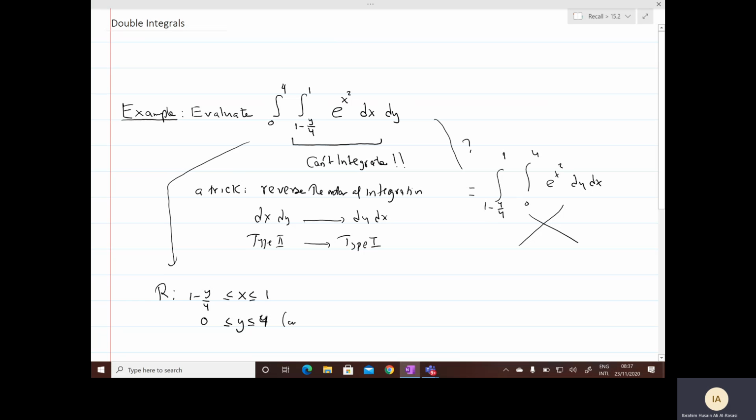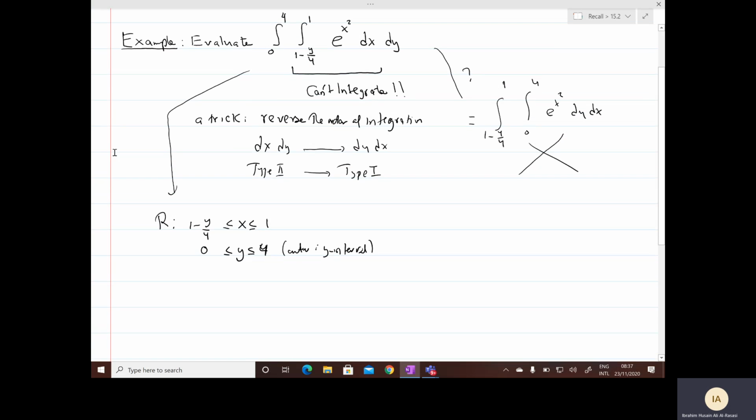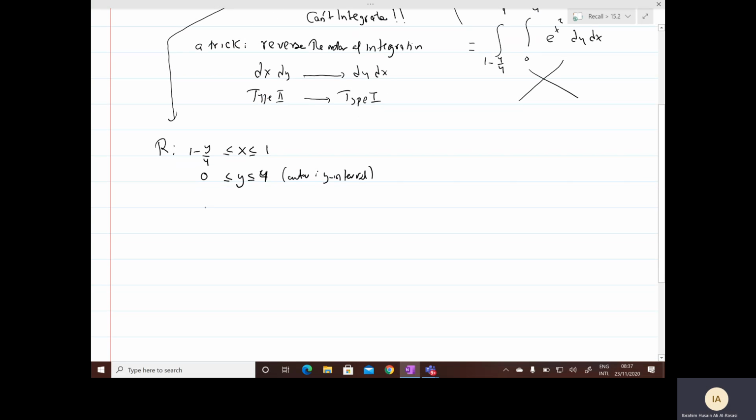This is the outer y interval. Now sketch the region, and this is what you have here, R. So this is x and this is y. The y interval is from 0 to 4, so this is 0 and this is 4.